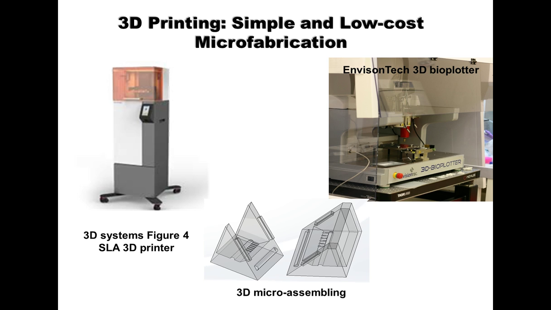And we can also use the 3D printer to generate molds, which can mold the PDMS into small bricks with different three-dimensional microstructures and reassemble them to form a more complicated three-dimensional channel network.